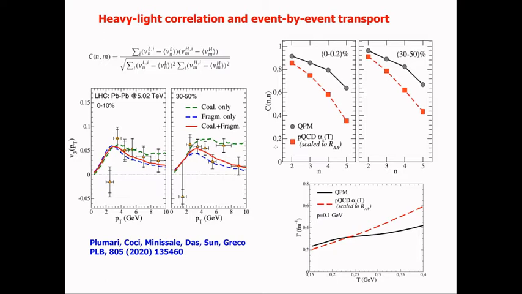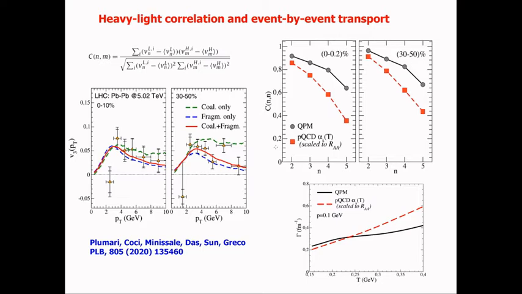Then we proceed to compute this heavy-light correlation coefficient, as defined here. As we can see, the strength of this heavy-light correlation coefficient decreases with higher harmonics. Here we compute this heavy-light correlation coefficient both within pQCD as well as for the quasi-particle model.